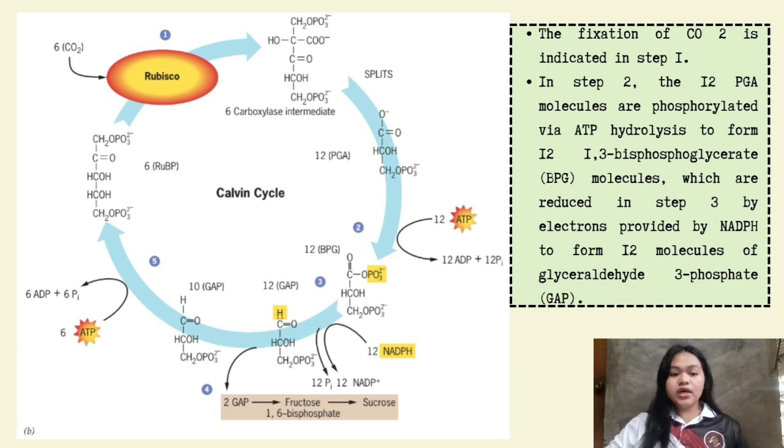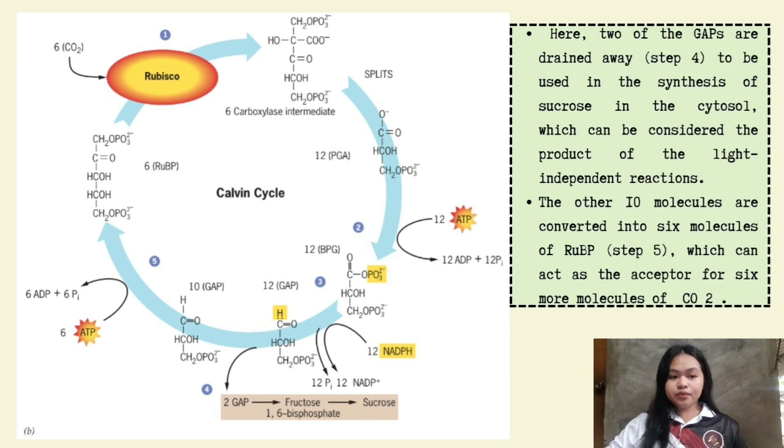In step 2, the 12 PGA molecules are phosphorylated via ATP hydrolysis to form 12 1,3-bisphosphoglycerate or BPG molecules, which are reduced in step 3 by electrons provided by NADPH to form 12 molecules of glyceraldehyde 3-phosphate or the GAP. Here, 2 of the GAPs are drained away in step 4 to be used in the synthesis of sucrose in the cytosol, which can be considered the product of the light-independent reactions.